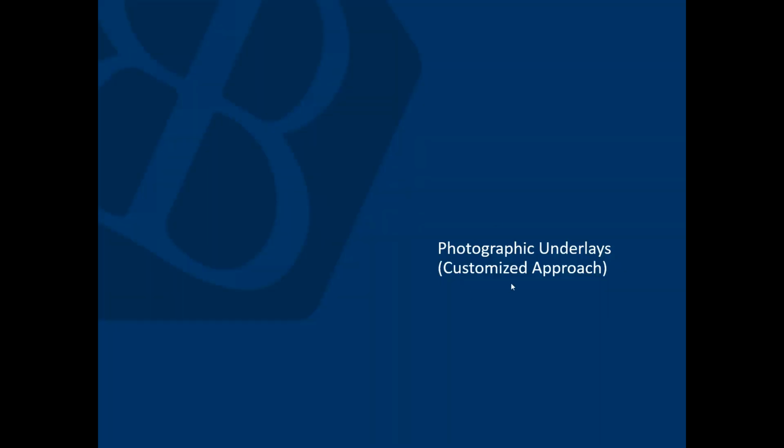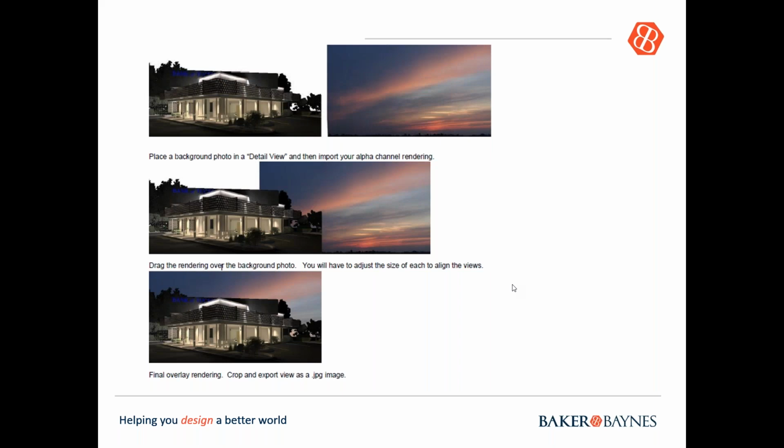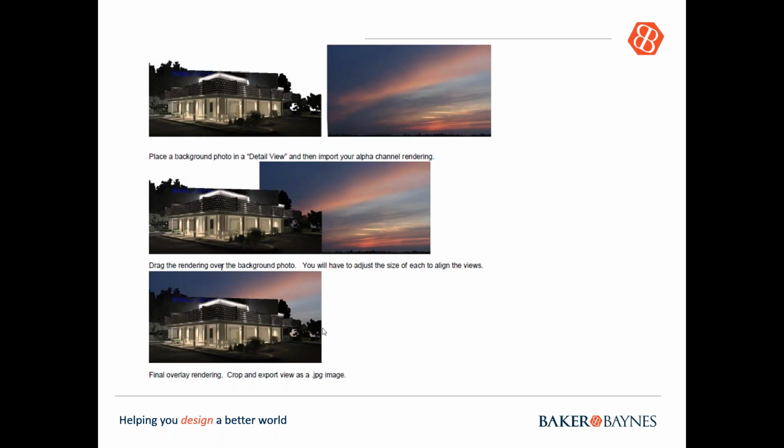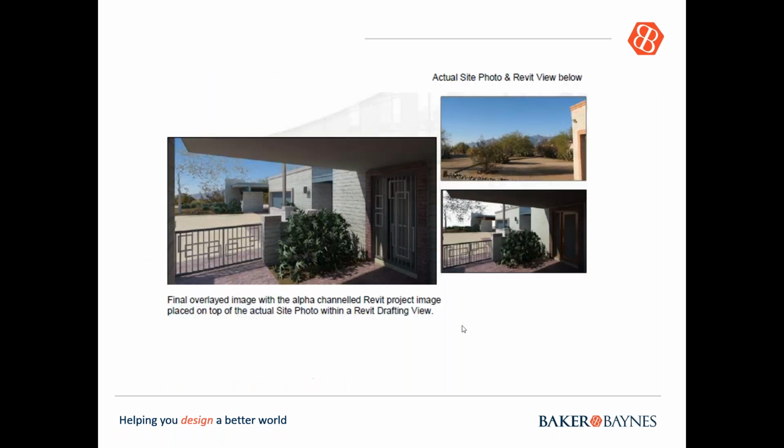And we then looked at a customized photographic approach where you actually put your own image, you actually merge your image and your draw and your render to create this kind of feel or this kind of image or view. And then the last thing we looked at is putting an actual site photo with your render so that you can merge the two. So using it as an overlay image.